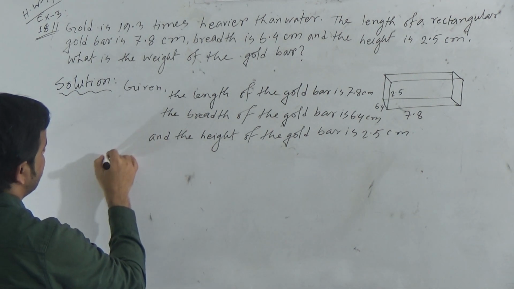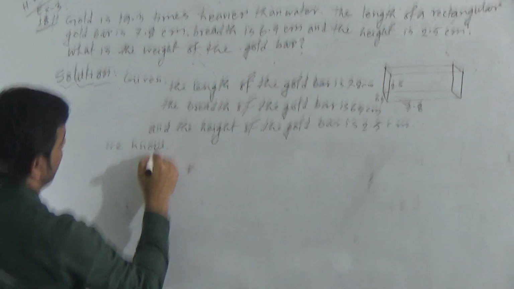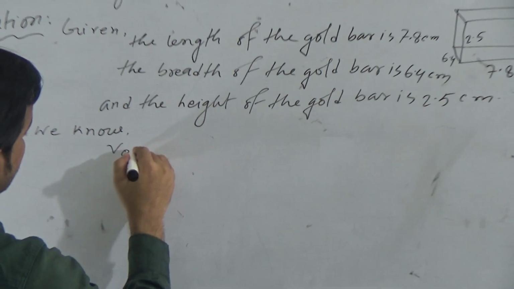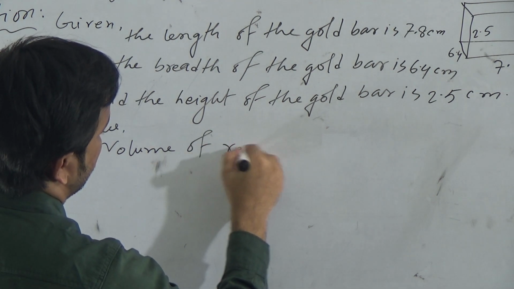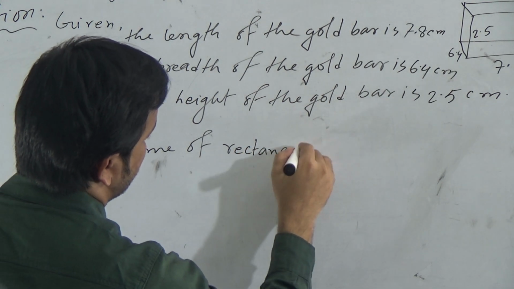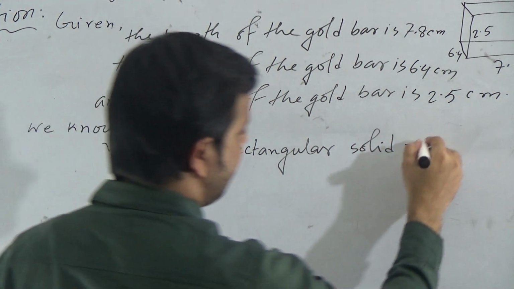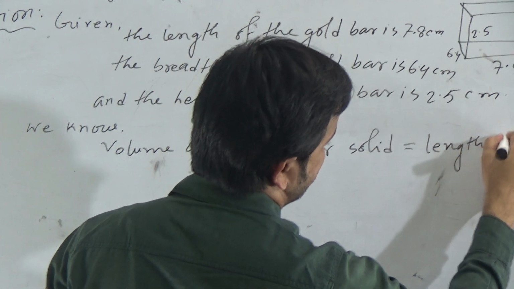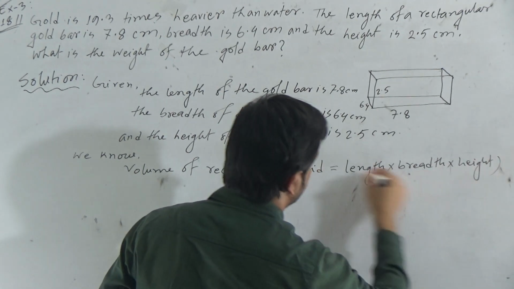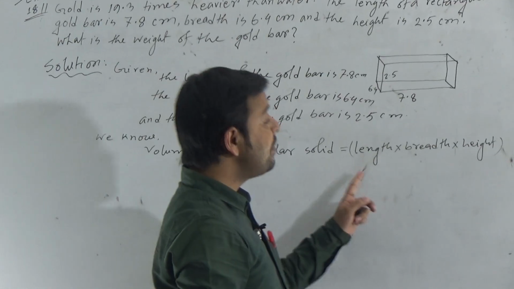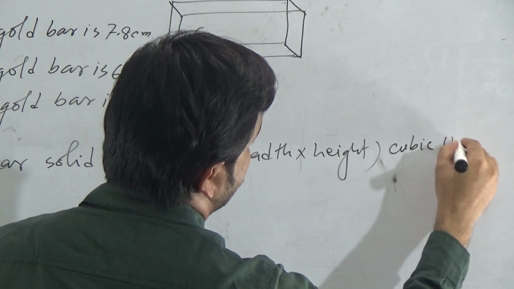So we can write here, we know volume of rectangular solid is the product of length, breadth and height, and the unit of measuring volume of solid is cubic unit.